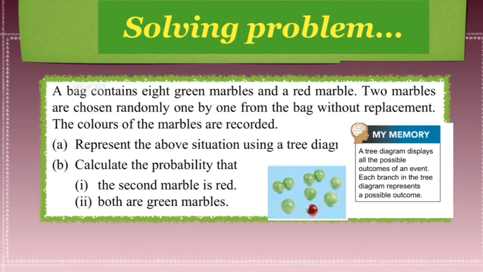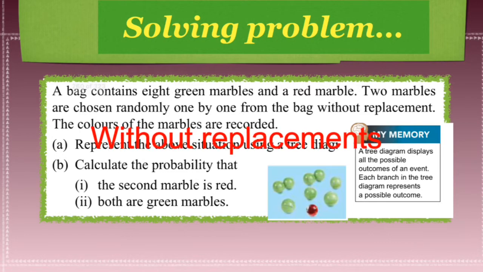A bag contains 8 green marbles and a red marble. 2 marbles are chosen randomly one by one from the bag without replacement. The colors of the marbles are recorded. So please highlight the keywords: without replacement.